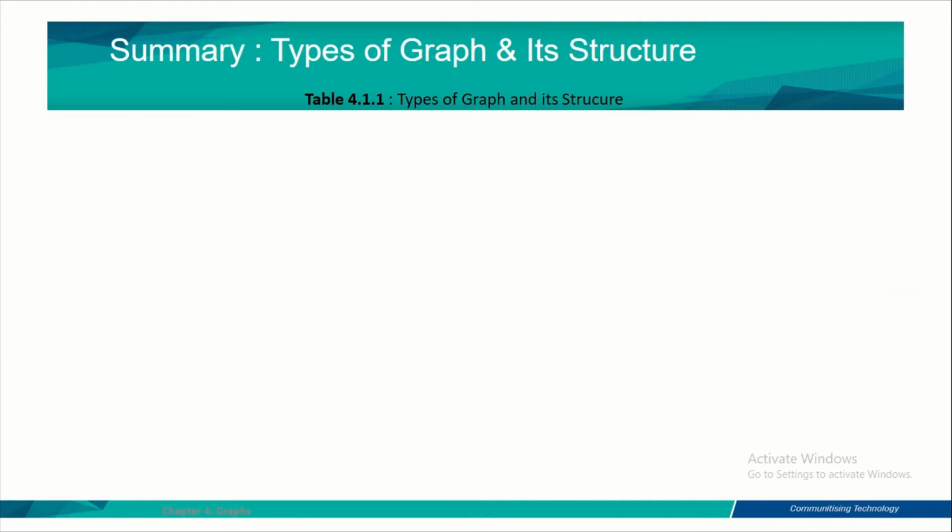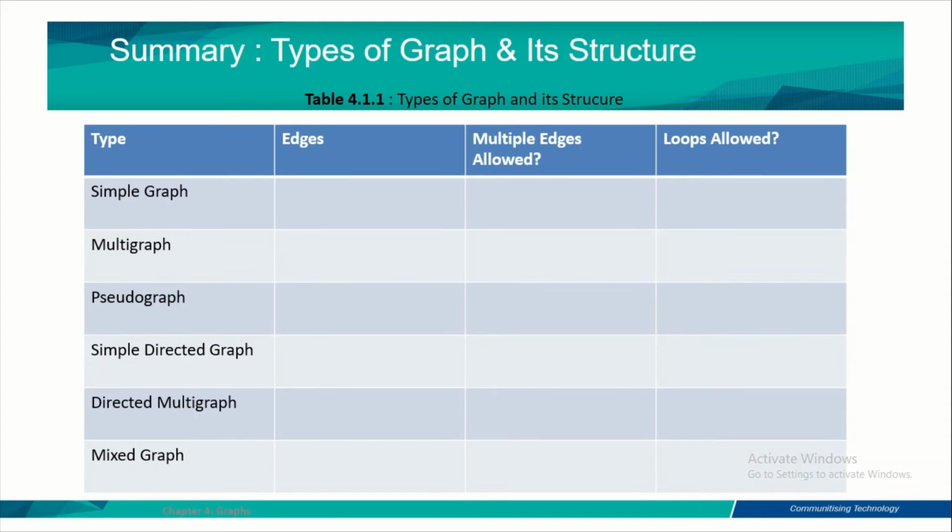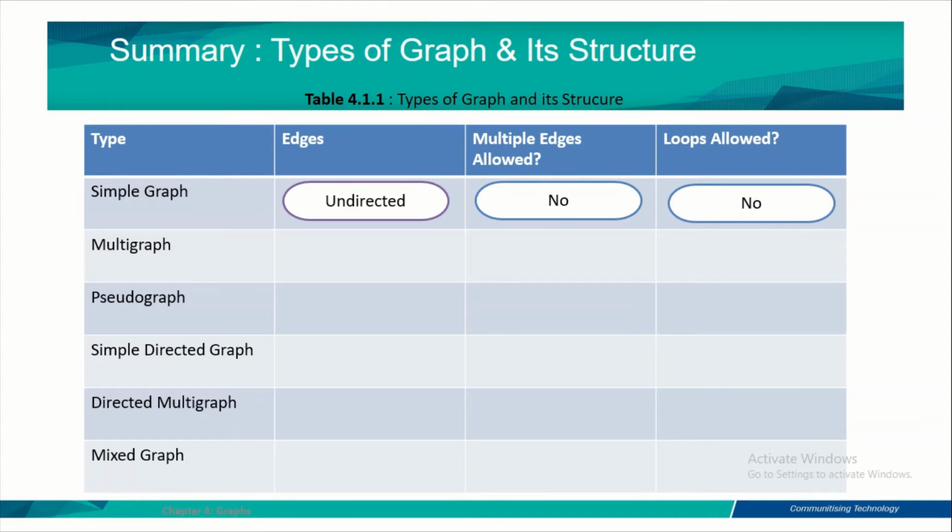So this is the quick summary for the types of graph and their structure. We have 6 types here. For the simple graph, you know that the simple graph has undirected edges, and no, we cannot have multiple edges, and we cannot have loops since it's a simple graph.